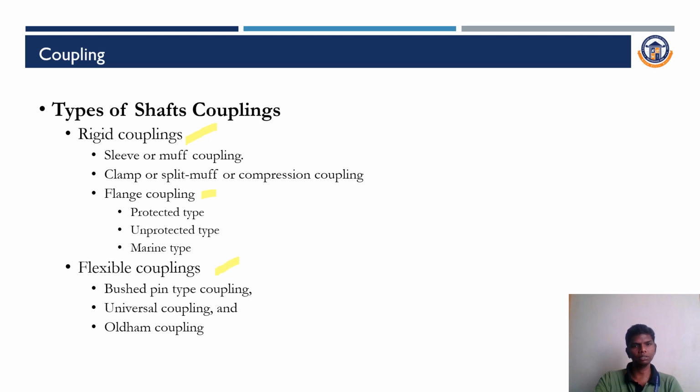In flange coupling, we have subtypes: protected type, unprotected type, and marine type. In flexible coupling, there are three types: bushed pin coupling, universal coupling, and Oldham coupling.